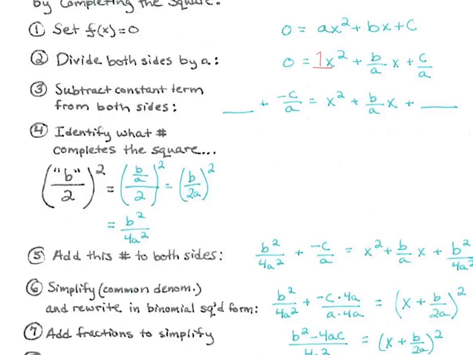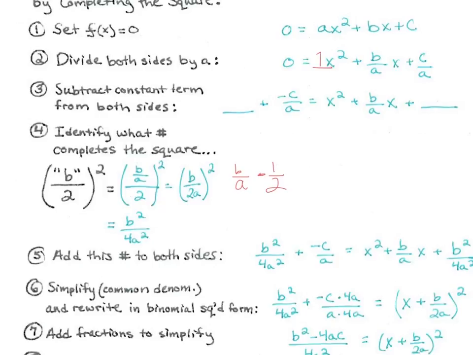And if you guys wanted to do keep, change, flip off to the side, that's what this would look like here. We would have b over a times, instead of divide by 2 over 1, times 1 over 2, and that gives you your b over 2a. So that's half of b, and then I need to actually square that, remember, to complete the square.